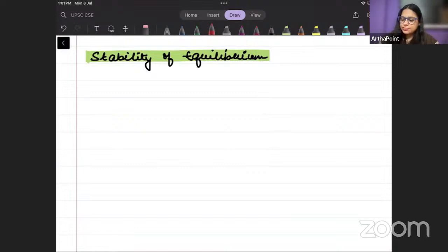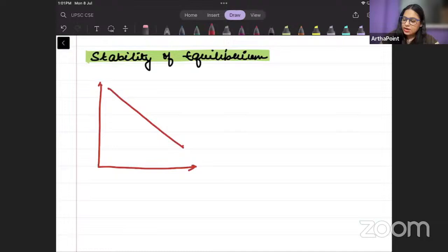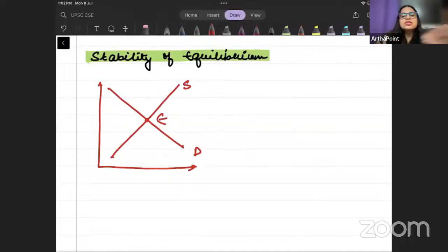For example, let's say this is my demand curve and supply curve. Initially, I am at point E. There is some disequilibrium in the economy. There is some disturbance in the economy due to which I reach price P dash. The equilibrium E will be called a stable equilibrium.